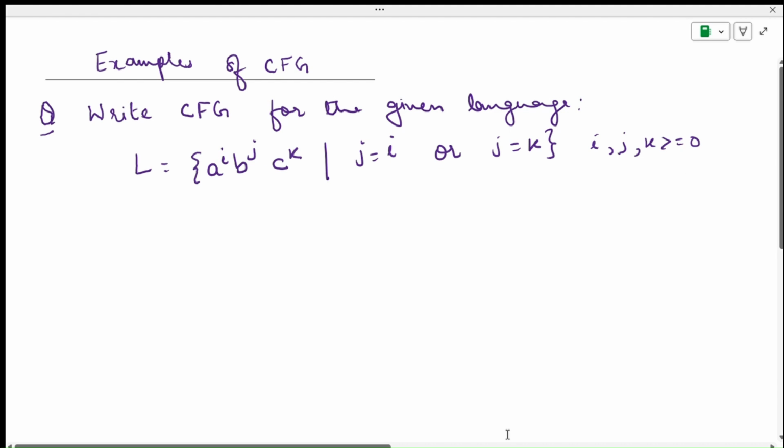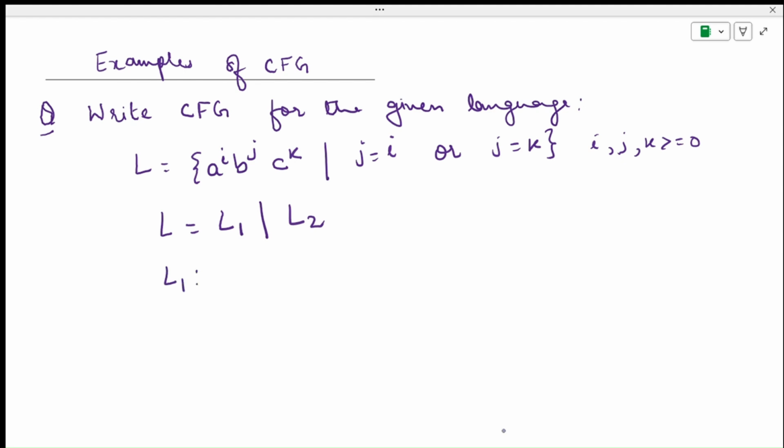Now see the language. It says a raised to the power i, b raised to the power j, c raised to the power k, where j is equal to i, or j is equal to k. That is, we can clearly write this as the language made up of either L1 or L2, where L1 has this pattern: the number of A's and the number of B's are the same.